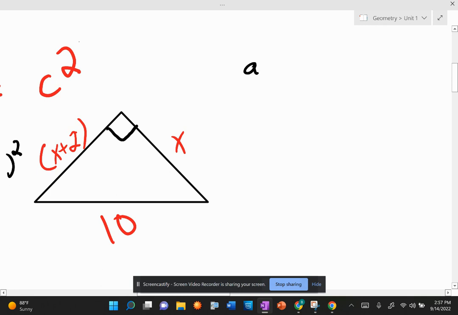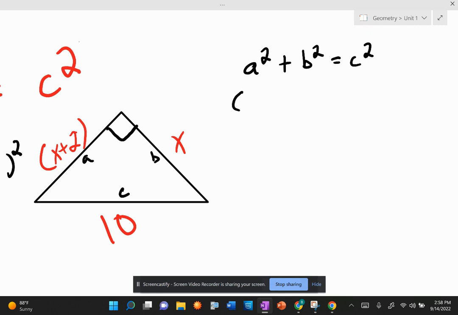Okay, so let's look at the next one. We're still working with a squared plus b squared equals c squared. Let's say we have a, b, and c. So what's different about this one from the last one? You know c, but you don't know a or b; there's only one number. We have two variables, and we have our hypotenuse, our c.